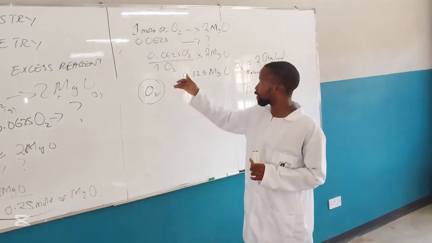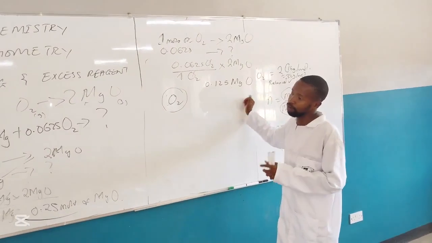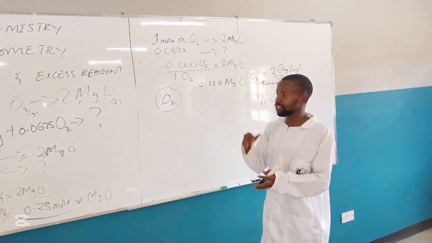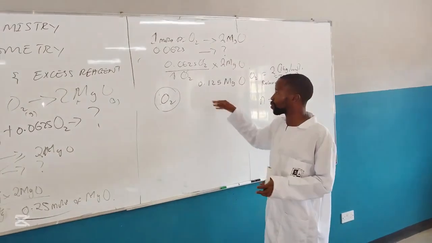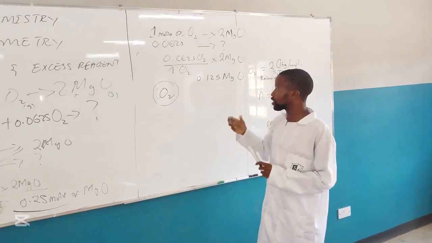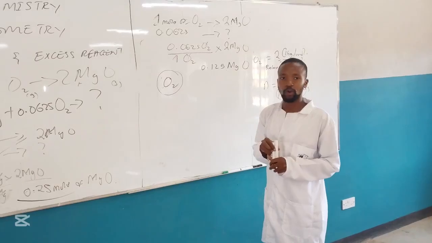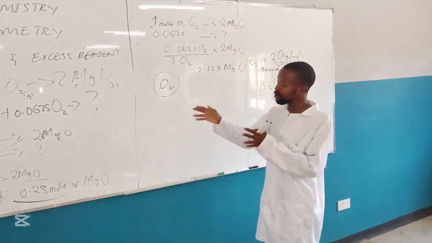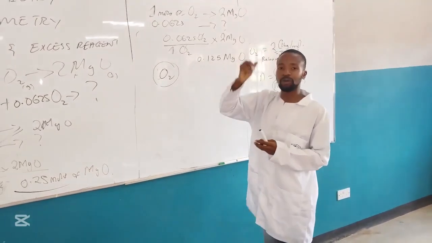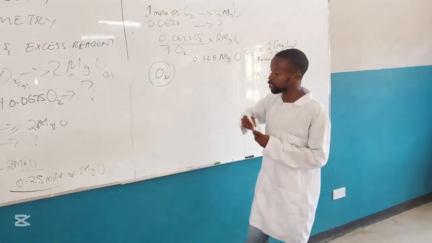Now we want to determine which one is the limiting and which is the excess reagent. We have worked out the number of moles that will be produced by each mass that we were given. In this case, the limiting reagent is oxygen. Why are we saying oxygen? We simply look at the one which produces the least number of moles.